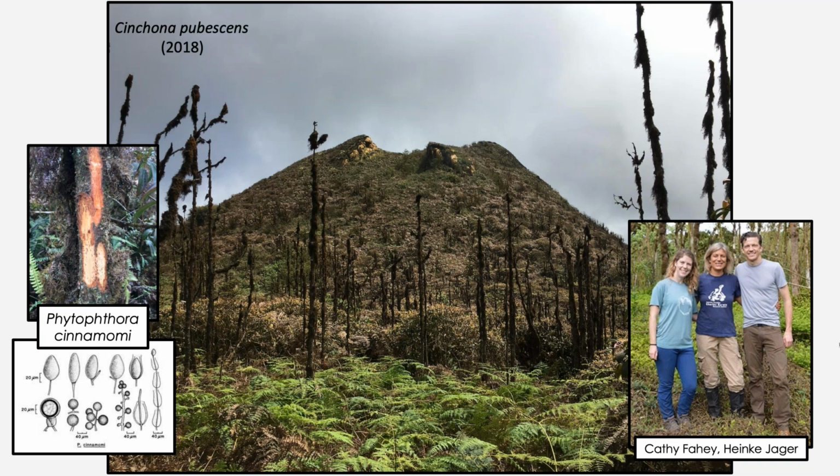I'm not going to show you any of the data from this project right now, but I want to highlight this as an example of where we really needed to understand the possibility of what would happen to this species over the long term. We couldn't predict that this pathogen would, as you might say, catch up with this invader, but if we could predict it, we may allocate management resources more effectively.